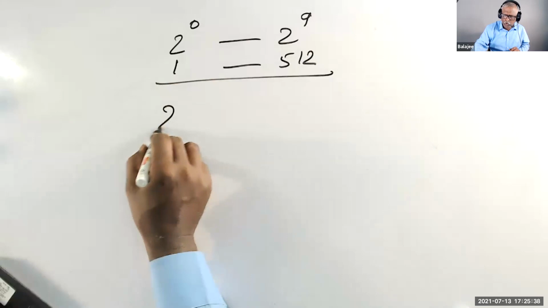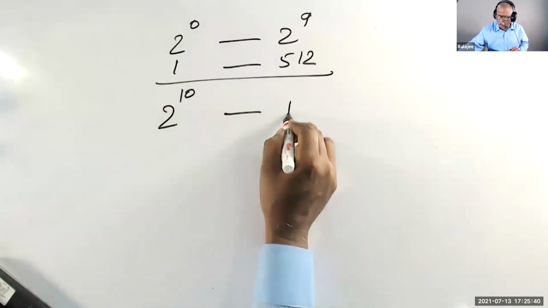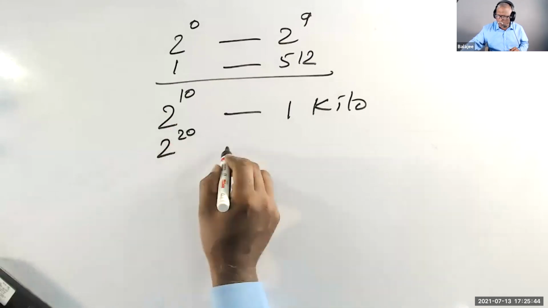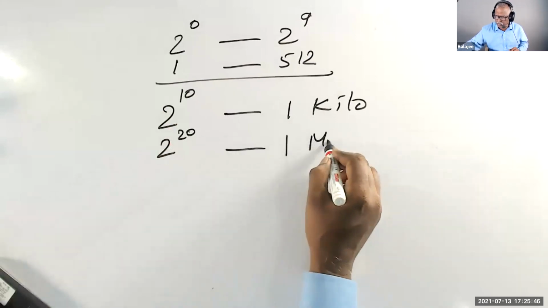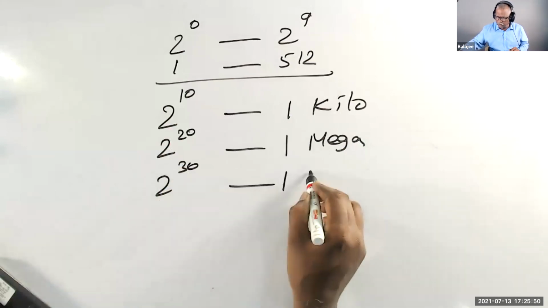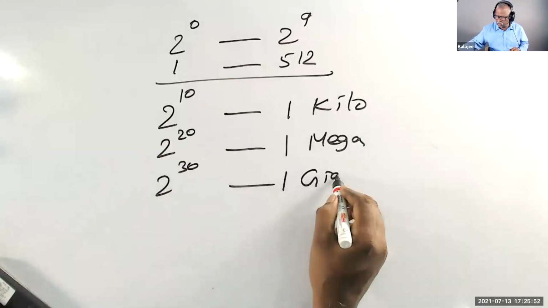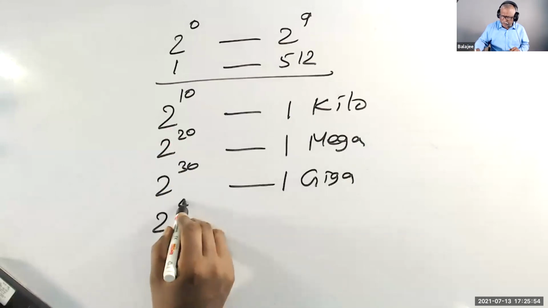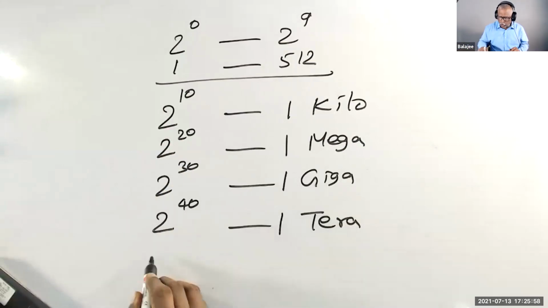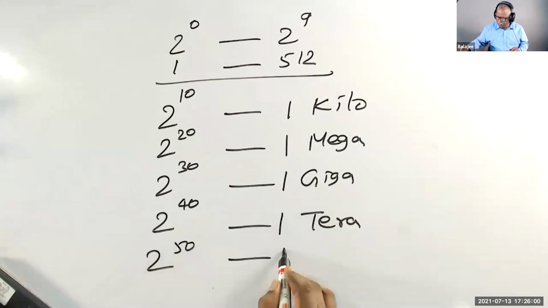Then 2 power 10 is 1 kilo. 2 power 20 is 1 mega. 2 power 30 is 1 giga. 2 power 40 is 1 tera. 2 power 50 is 1 peta.